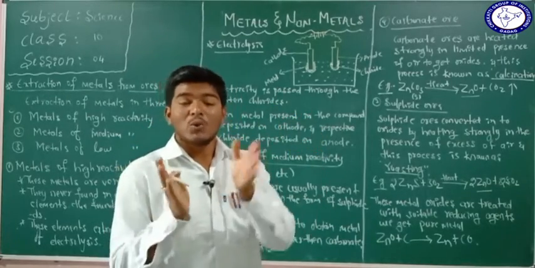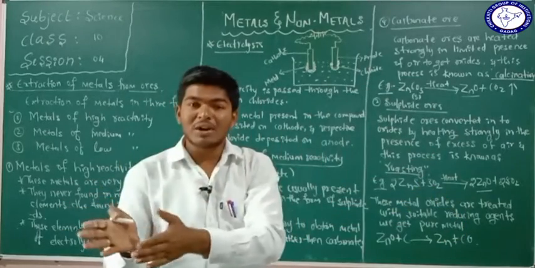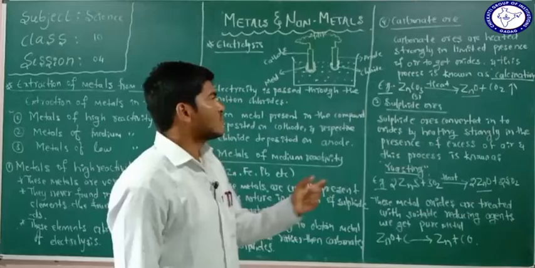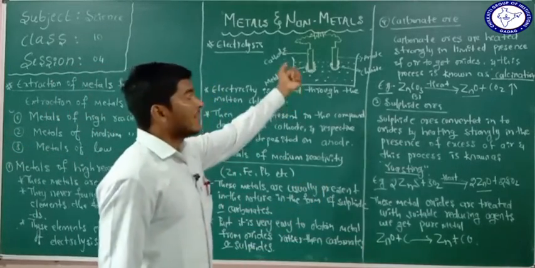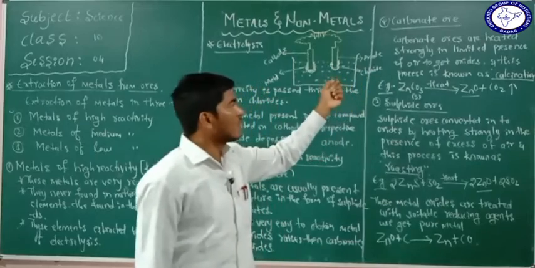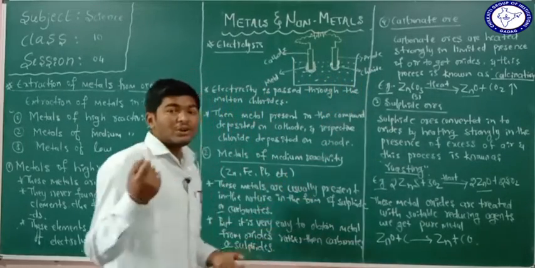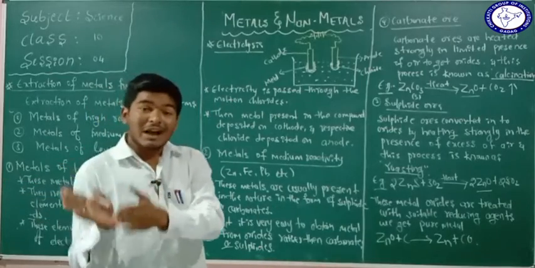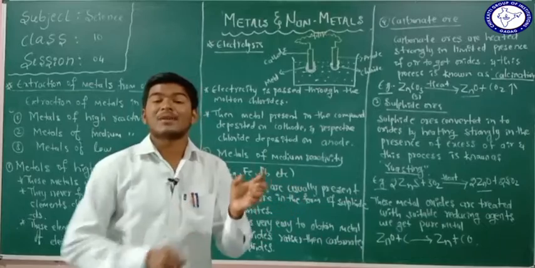Therefore we are going to convert sulfide ores into oxide ore and carbonate ores into oxide ore. How are we going to convert the carbonate ores into oxides? See here, the carbonate ores are heated strongly in a limited presence of air. We need to convert the carbonate ores into oxide ore because it is very easy to get the metals from the oxide ore.